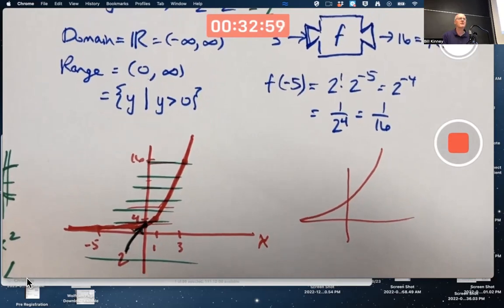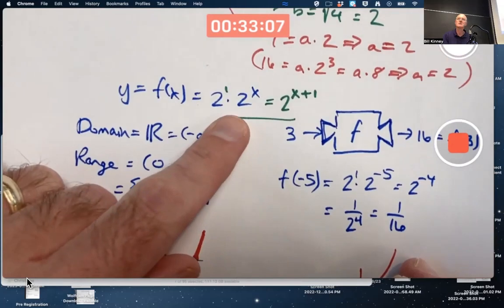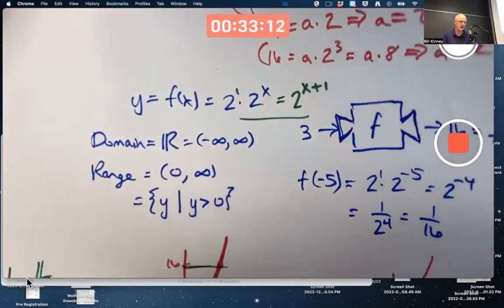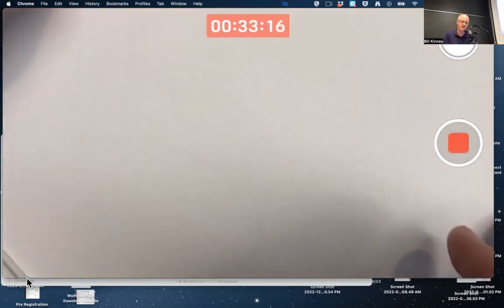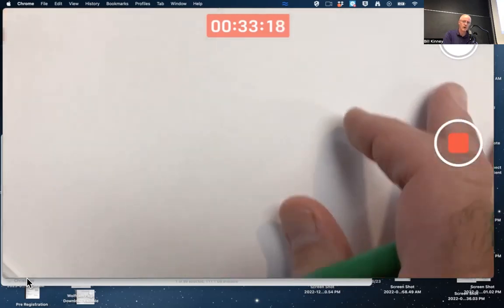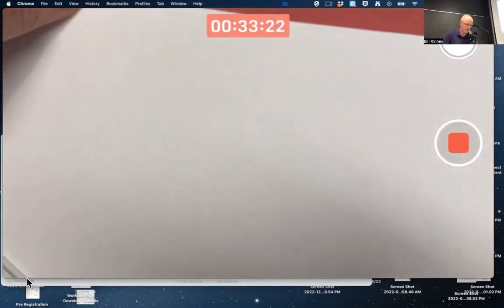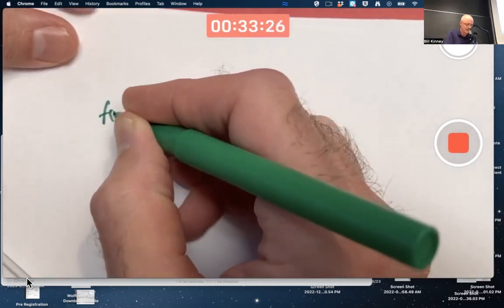What about the alternative way to write this that I hinted that you could work on involving the number e? This is the simplest way to write the answer. But can it be solved using the special number e as well? Yes, it can. We could write our exponential function as f of x.